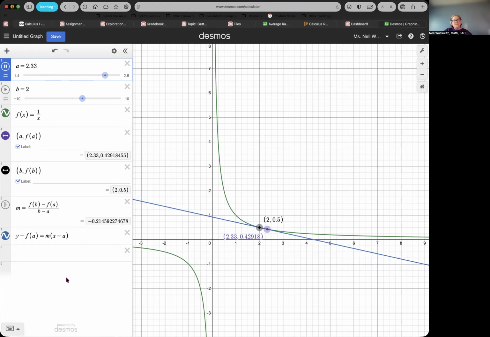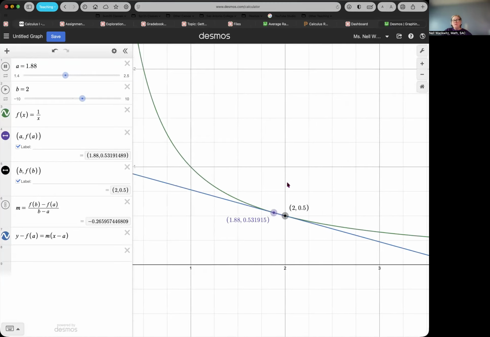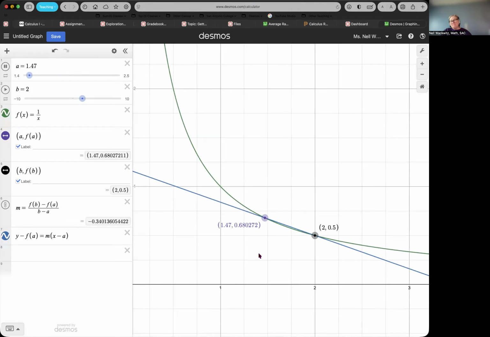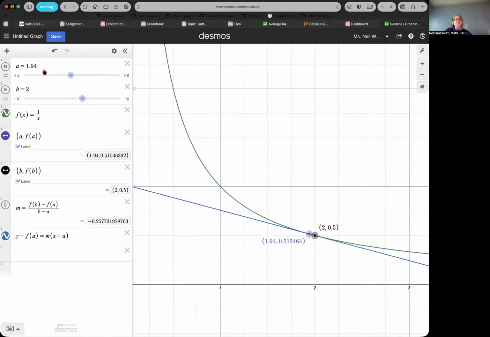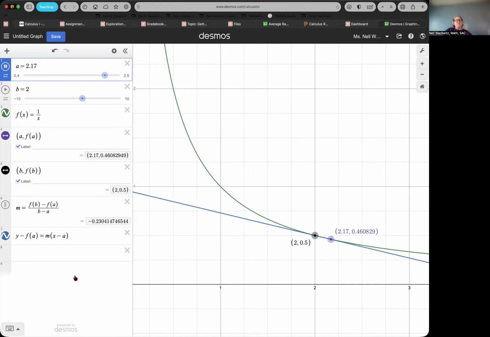It almost looks like the line is not crossing the function, but let's zoom in and see it better. And now it's easier to see that indeed. Oh, I wanted 0.4. Okay, groovy. There we go.